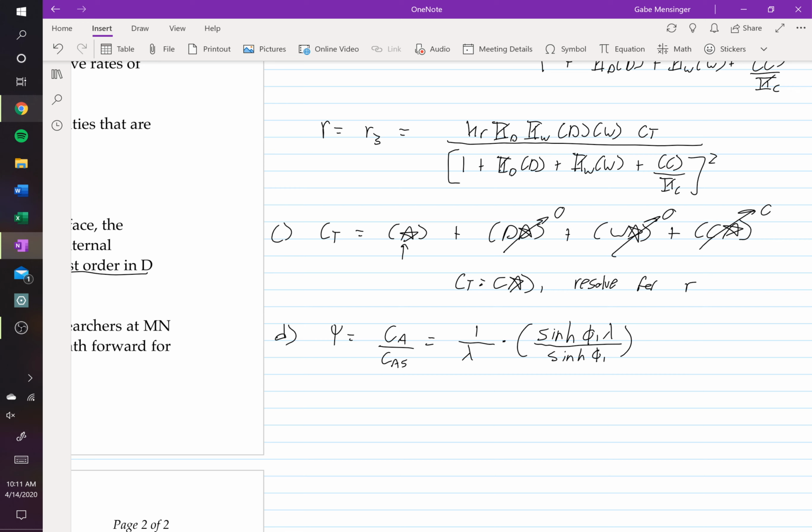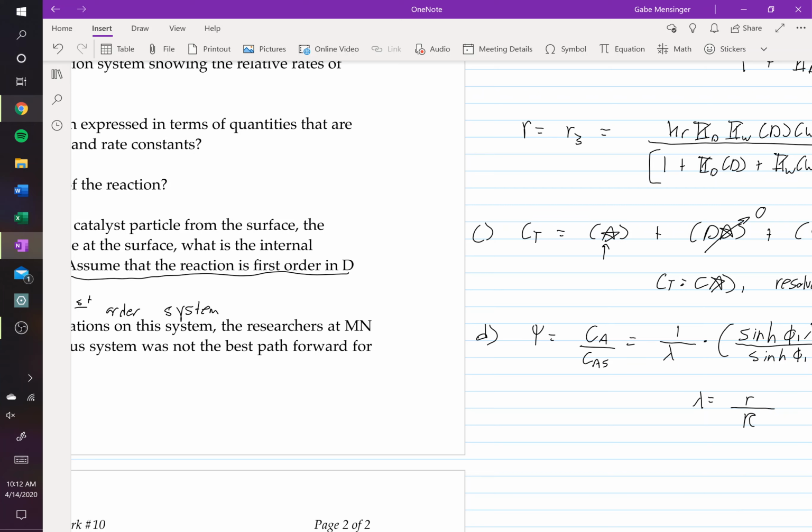Where our lambda is little r over capital R, where capital R is the radius of the catalyst and little r is a certain distance in.